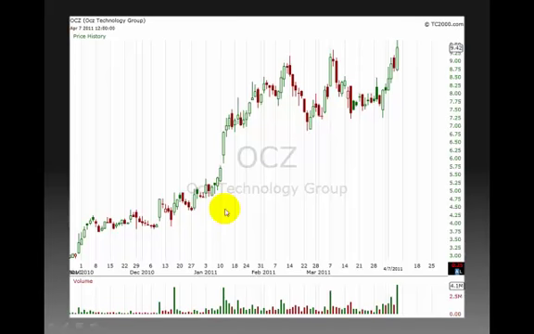Okay, this chart is a chart of OCZ Technology Group, and we had a very strong signal that came from a trend line, just like we spoke of at the beginning of the video. We had a bullish engulfing at the support level of the upward trend line, and also where this trend line met dynamic support.